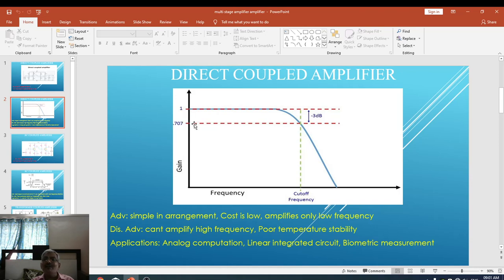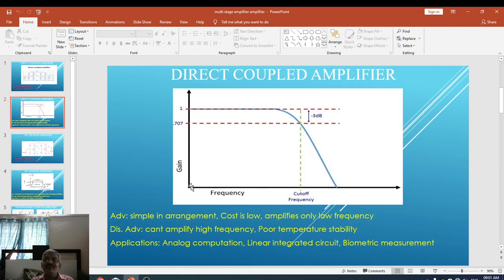Draw a line parallel to the frequency axis. This line will intersect the frequency response curve at this particular point. Draw a perpendicular line on the frequency axis, and you will get this particular frequency. This frequency in the high frequency region is known as the upper cutoff frequency.